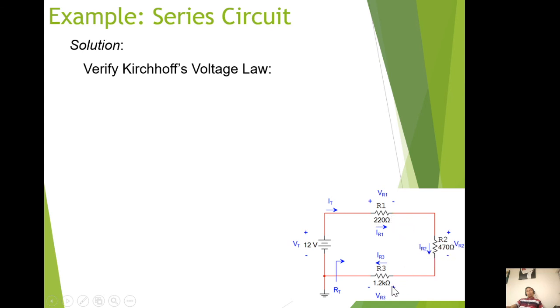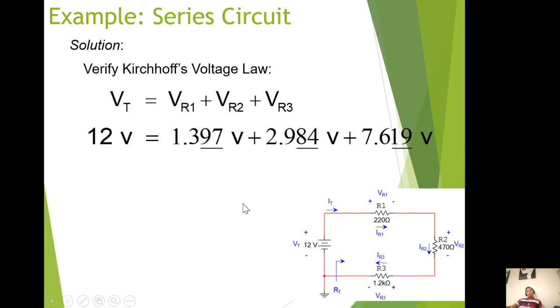So we have VR1, which we already solved, and VR2 and VR3. 12 volts is equal to 1.397 plus 2.987 plus 7.619. So 12 volts is equal to 12 volts, meaning it obeys KVL.